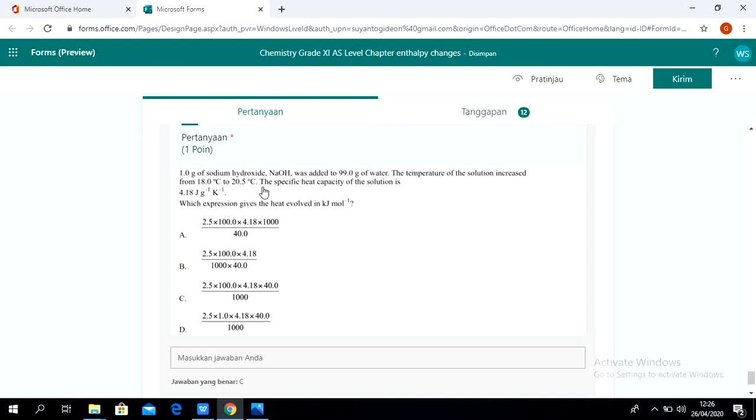We know that this is the specific heat capacity of the solution, the specific heat capacity of water, and this one is 99 gram of water. Which expression is the correct one? 20.5 minus 18 is 2.5.